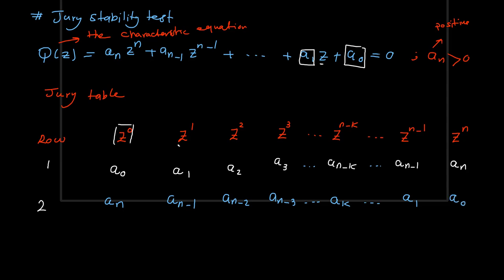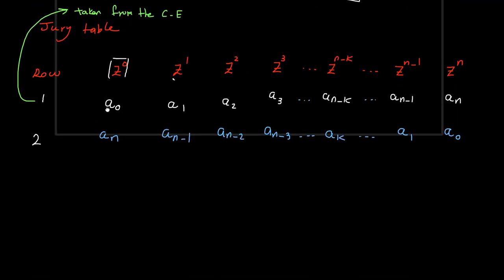So as we stated, the first line is taken from the characteristic equation by collecting the coefficients. Now the second line is the reverse of the first line. Now we will continue in the Jury table until we are reaching 2n minus 3.